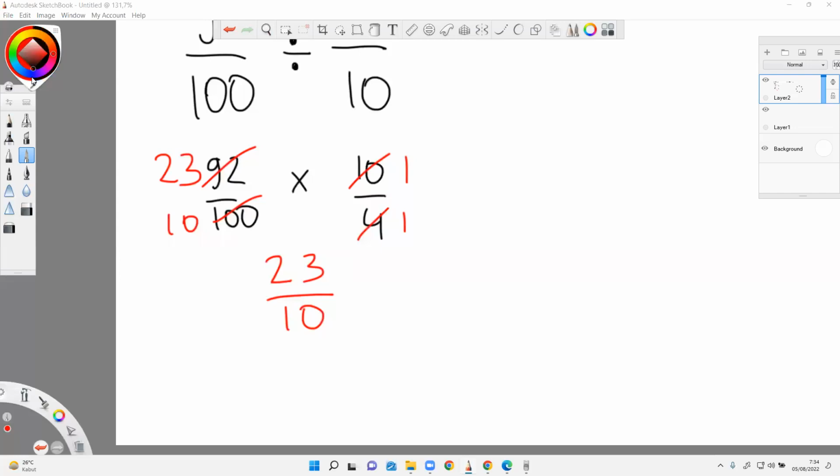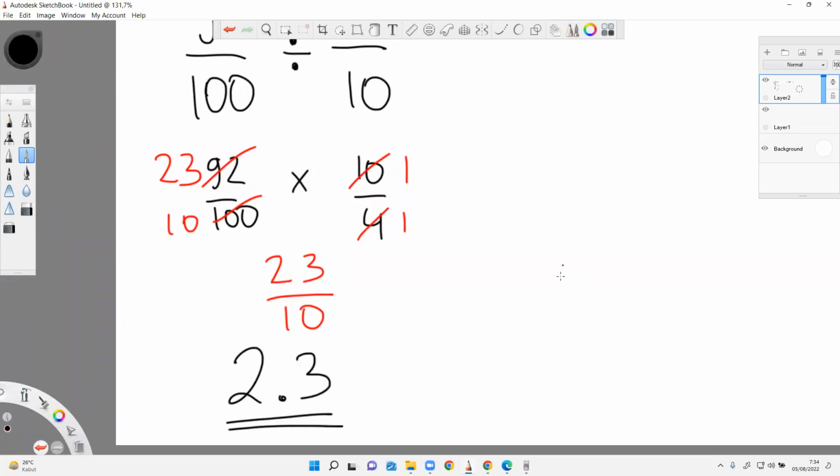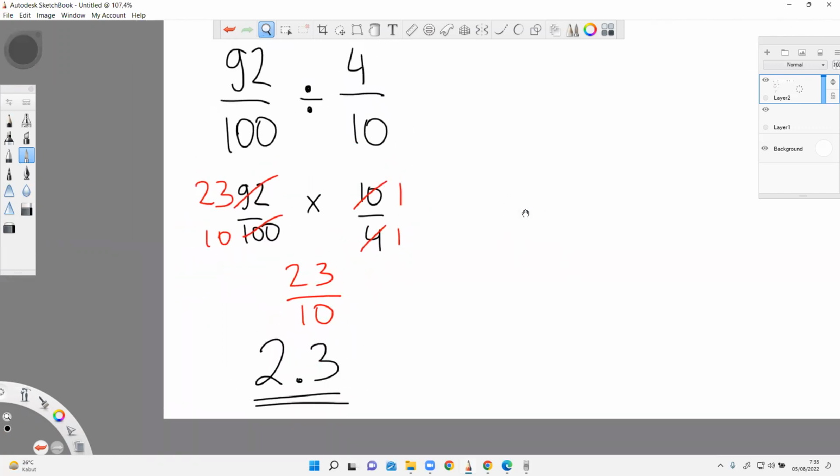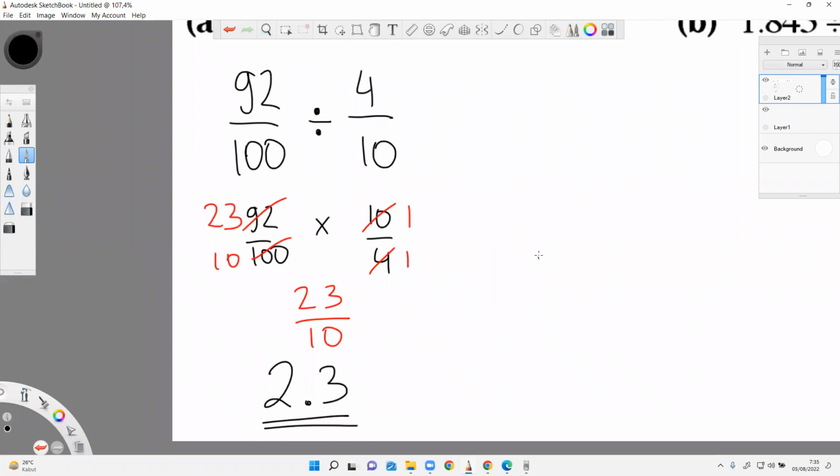So what's the answer? 2.3. See? So what is the difference between multiplication and division? Only on this part, guys. Divide by a certain number, you multiply by its reciprocal. I say it one more time, reciprocal.